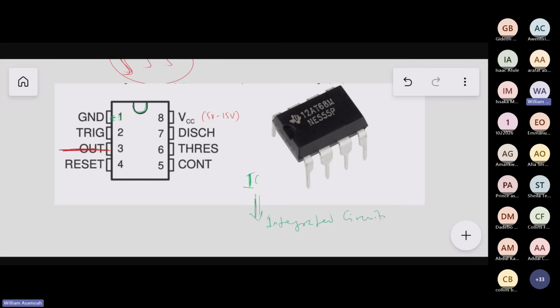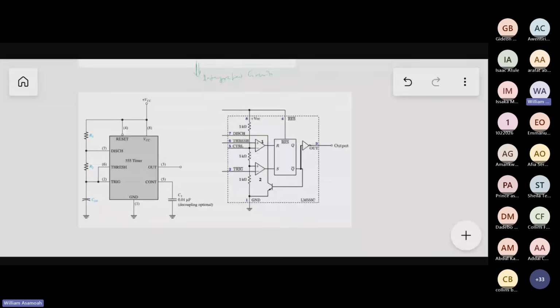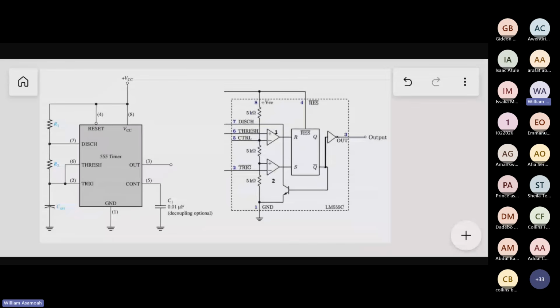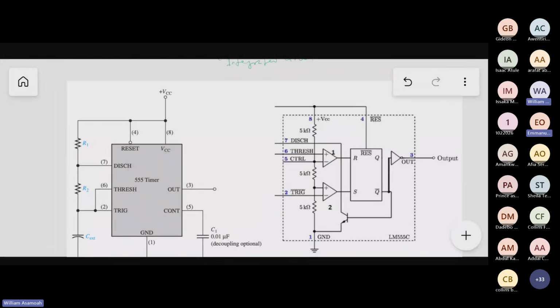In that way, you can also apply the principles it uses to build your own circuits in the future. Circuit development is like learning how to read. The more you read other people's books, the more your English becomes good. So the more you study other people's circuits, the more experience you get in building circuits. That's why we learn how circuits work.